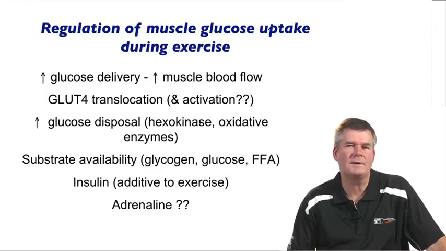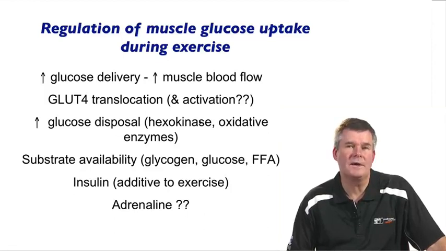There's been some debate as to whether the activity of this transport protein can be increased during exercise. And at the moment, at least, there's no evidence that that happens. And finally, as I said, if you increase the disposal of glucose through the glycolytic and oxidative pathways, then that will maintain the diffusion gradient into the contracting skeletal muscle.